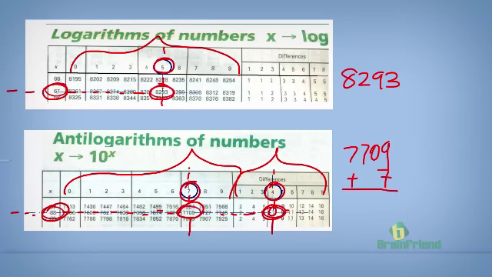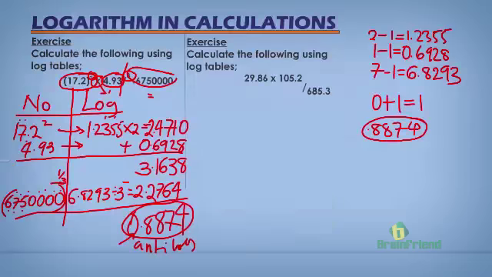To get our anti-logarithm, we'll add up our values here and here. That is 7709 and 7. And that would give us 7716. So we have our final answer string as 7716.